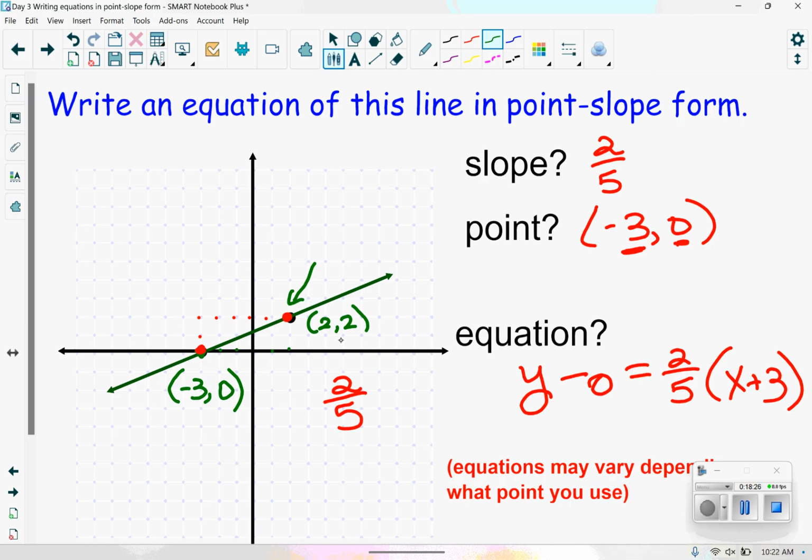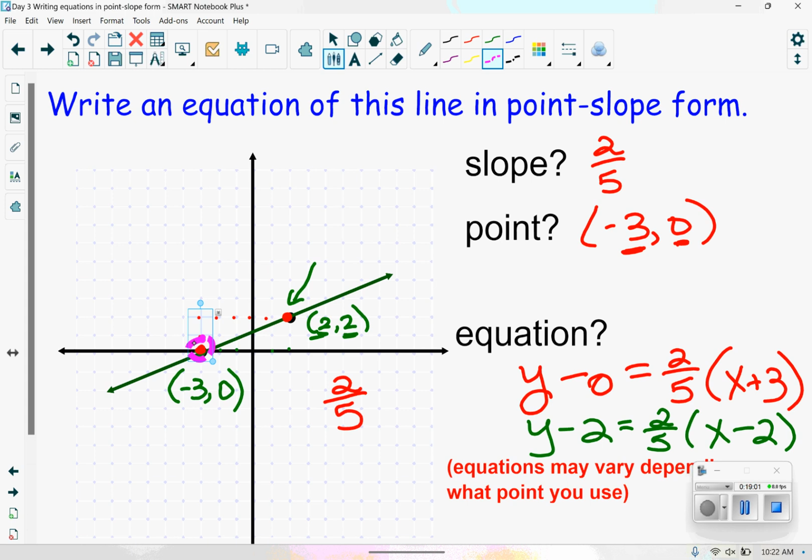It would be y minus the 2 here, you'd still have the same slope of 2/5, and it'd be x minus the 2 here. That would be another correct answer. However, to keep it consistent within our class, let's try to remember to use the first one. If you're reading from left to right, this one would be the first one you'd come to, right here. And that's why we use that one.